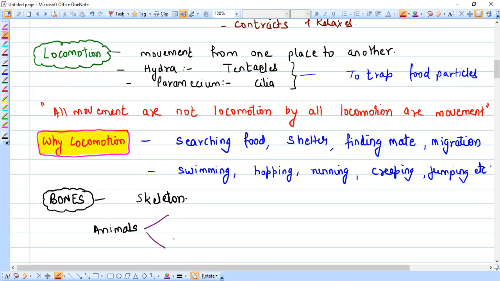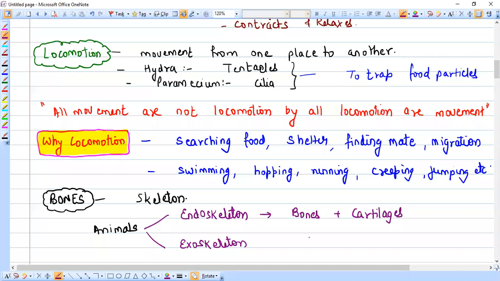The very first type is called endoskeleton. The other type of skeleton that we see is exoskeleton. Endoskeleton means something that is present inside the body. So in endoskeleton, I can put bones plus cartilages. The bone and cartilages become the endoskeleton.